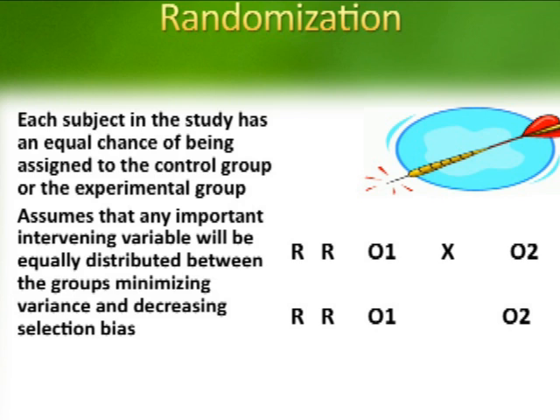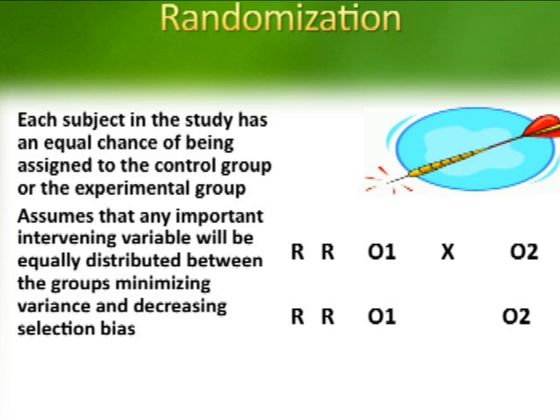Now, in the slide, I want you to pay particular attention to the right-hand side. The first R stands for random selection. That means that you have chosen them using a specific plan from the population.